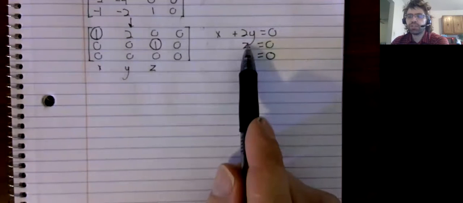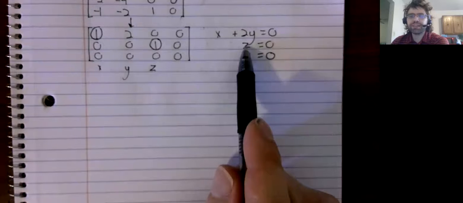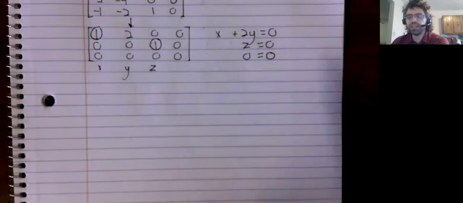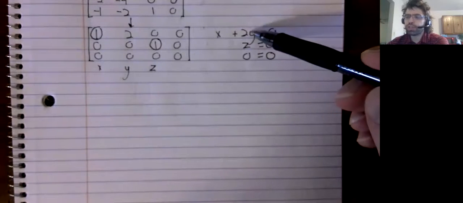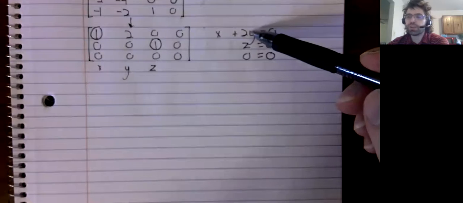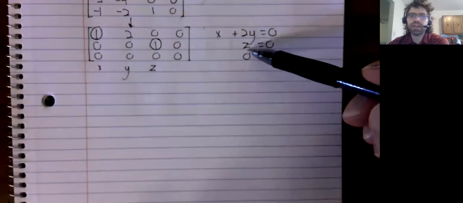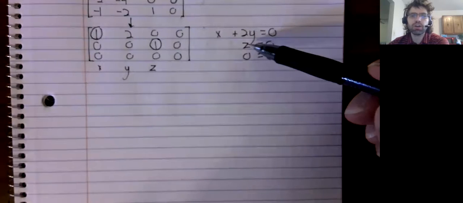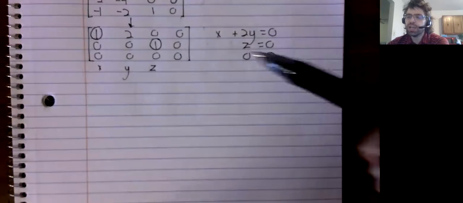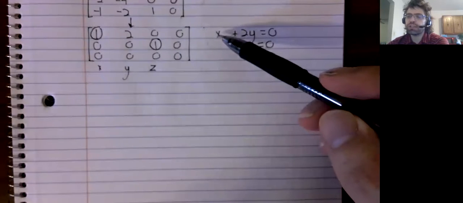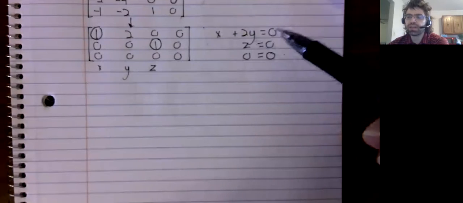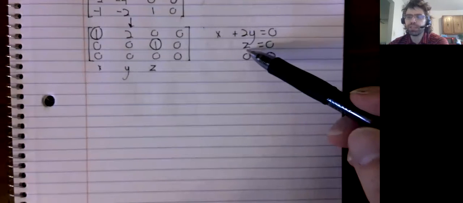This equation only has the basic variable z. The free variable appears in this equation. The free variables can appear in any equations, but each equation can only have one basic variable appearing in it.